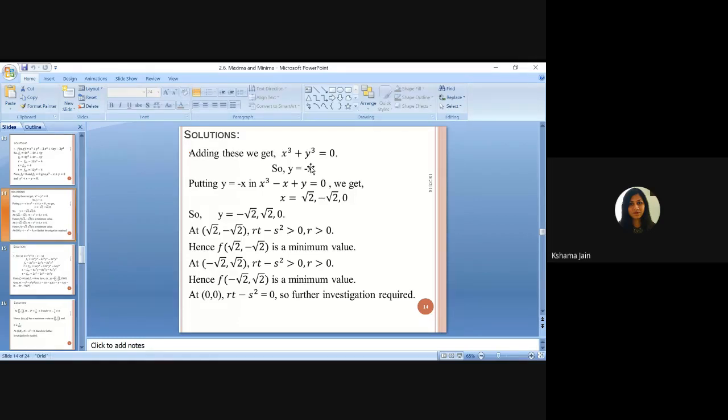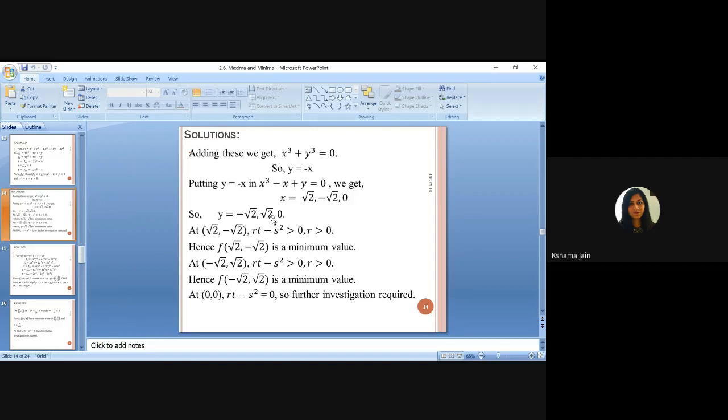After applying this formula, in the first bracket you will get x plus y. So from there x will be minus y, or y equals minus x, and that we will put here. After solving, we got the values of x equals square root of 2, minus root 2, and 0. And by this formula, we got the values of y also.